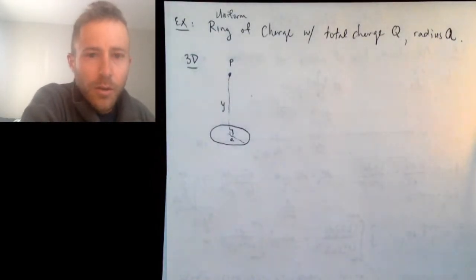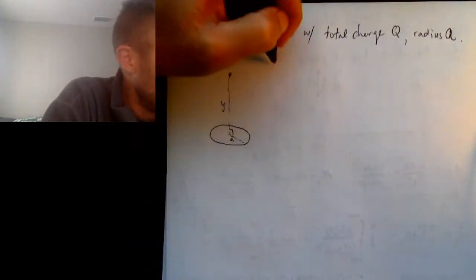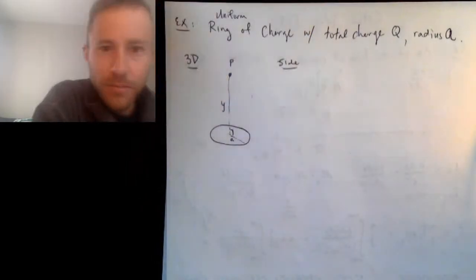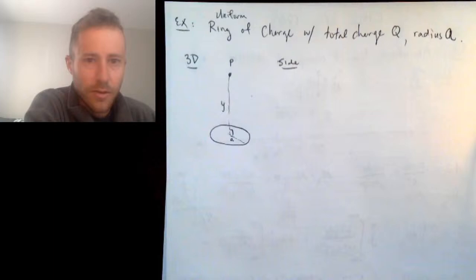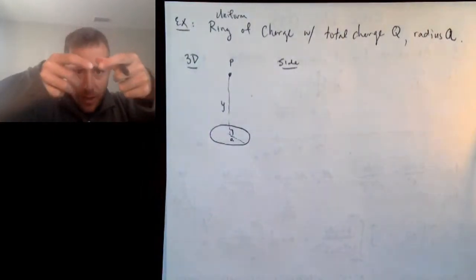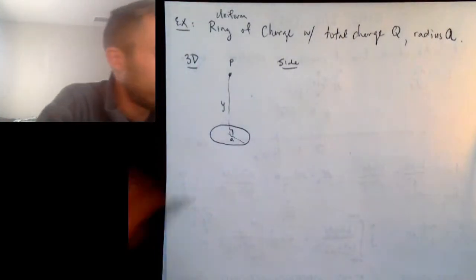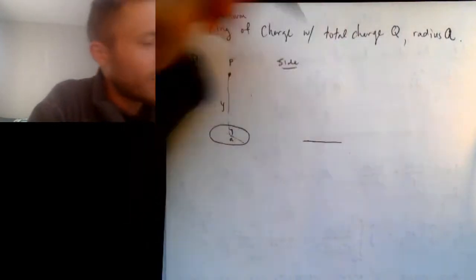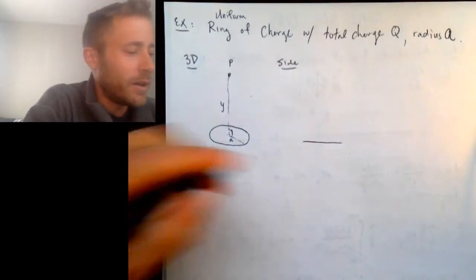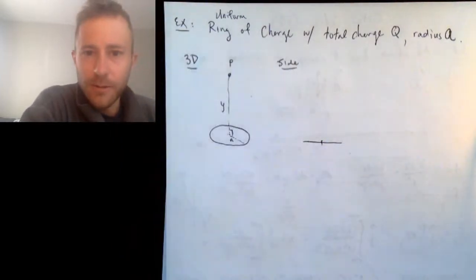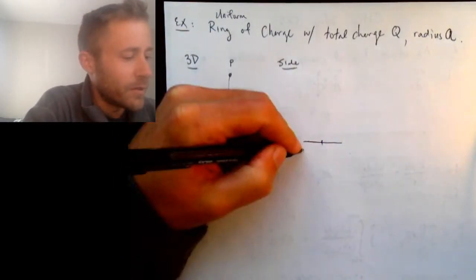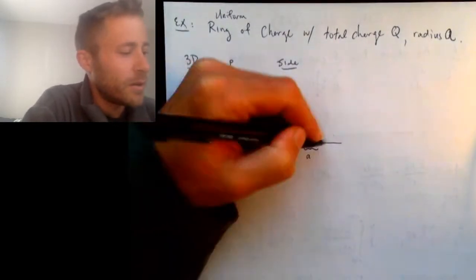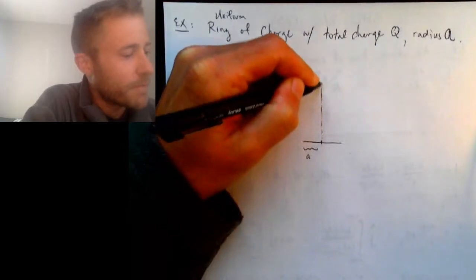We could imagine a side view or an edge-on view of this. So if you take a ring and you look at it edge-on, it just looks like a line. And here's the center of it right here. This distance right here would be the radius, A. And then we go up a distance, y.